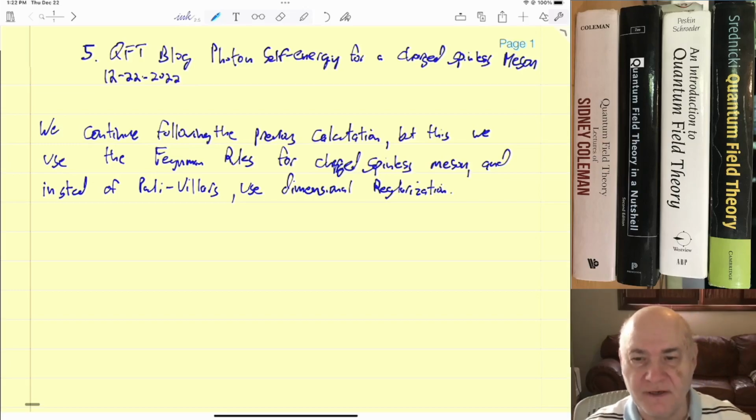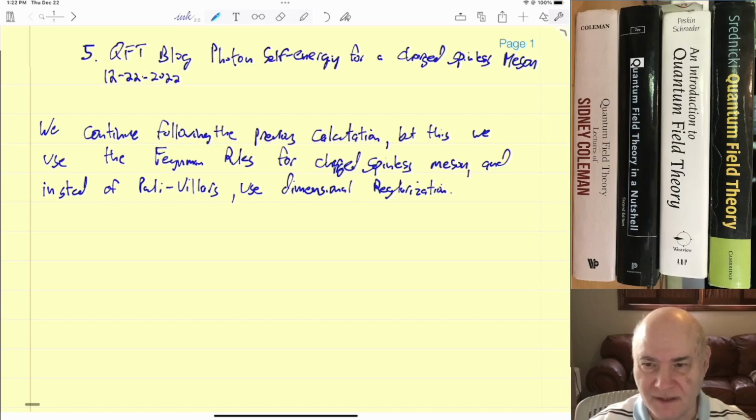Coleman says something funny in his book when he first talks about dimensional regularization. He said, "It's very hard to follow the arguments in these fields as to the correctness of it. Either the arguments are unbelievable or they're incomprehensible, or sometimes both."